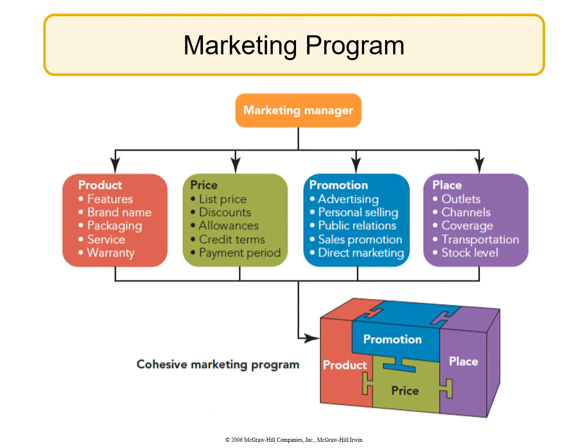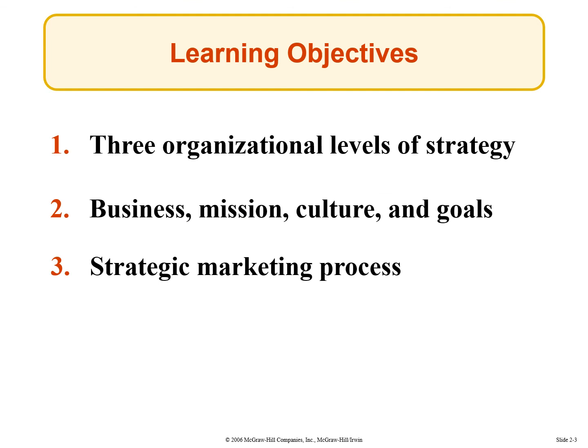You cannot pick a price that's very high and then use a place, that's the retailer, for example, which sells low priced products. That doesn't make any sense. So you have to make sure that you put all of these P's together and then create a cohesive marketing program. And that ends our chapter.